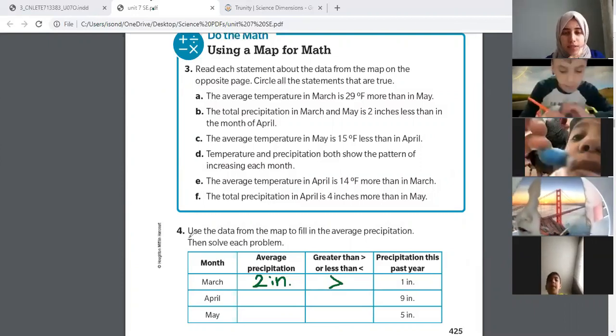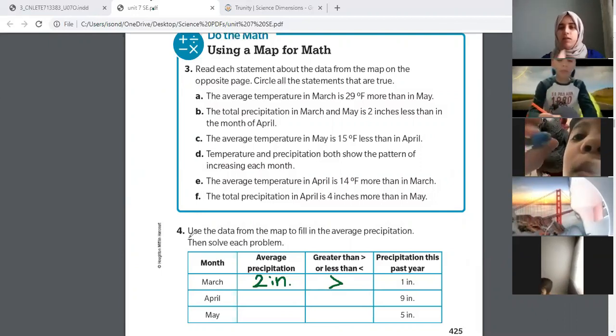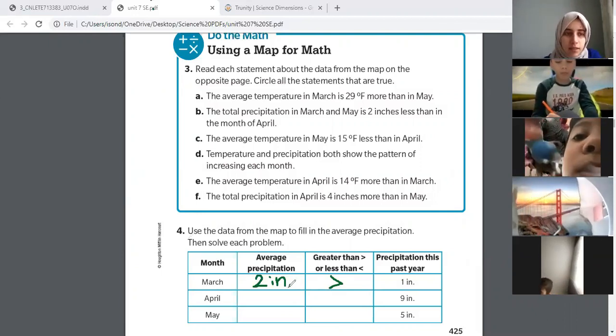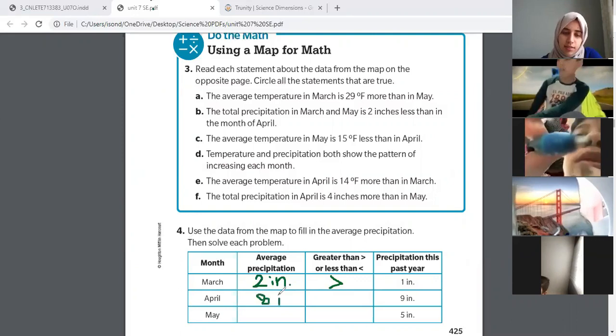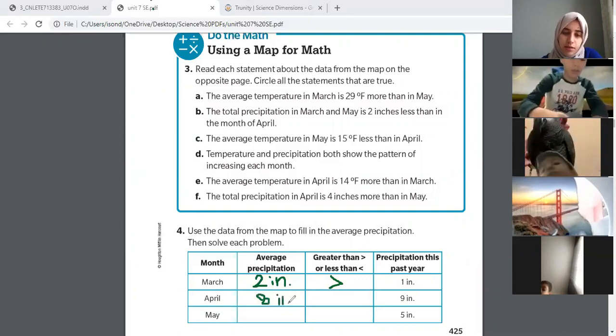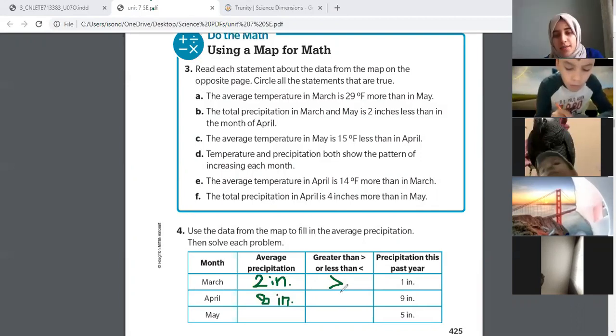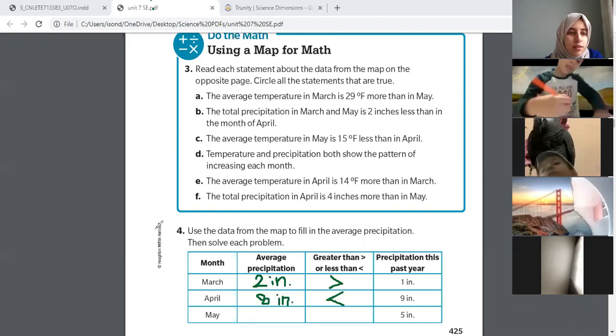What's the average for April? 8 inches. So is this less than or greater than the precipitation this year? Greater than. So 8 is greater than 9? No, less than. So I will put the sign towards the 9. Thank you. Fatima, what about the month of May?